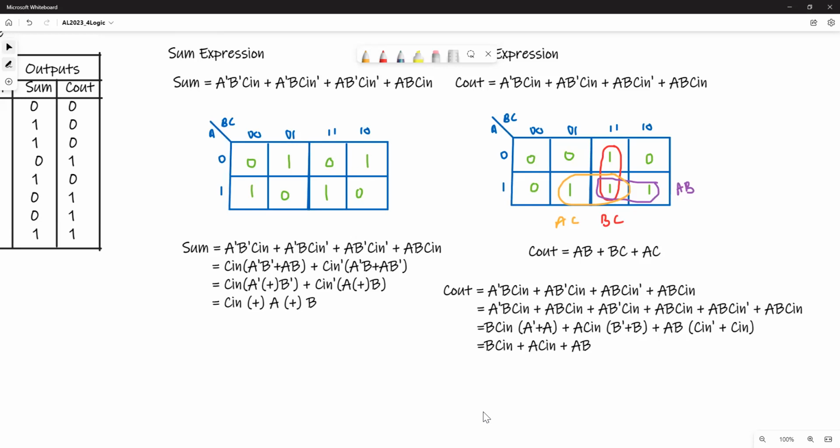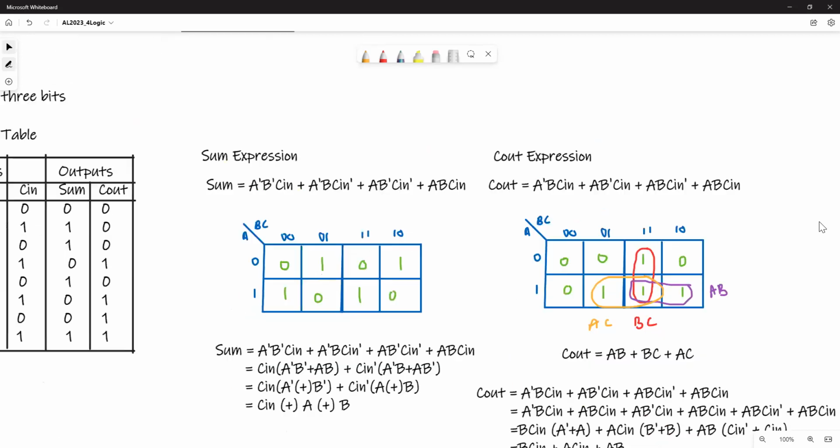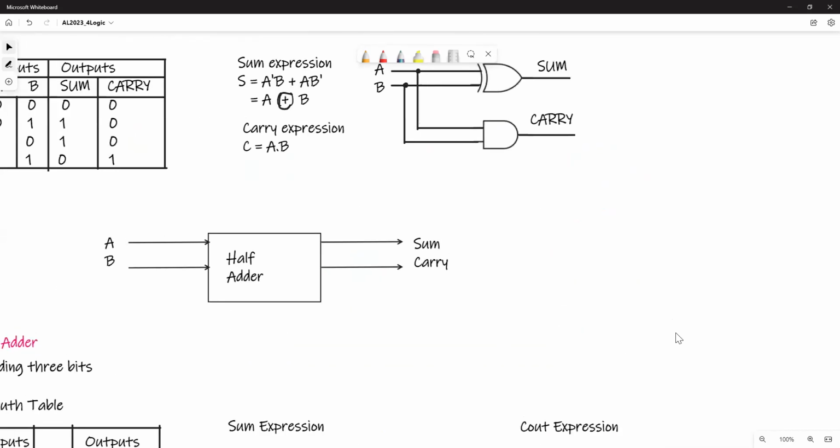And then for the sum, we will have an XOR gate with three inputs. Then we have three AND gates and one OR gate. Yes, can you draw this?